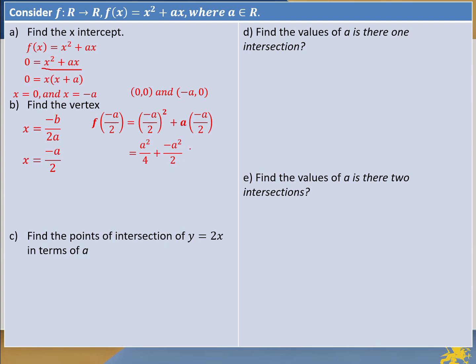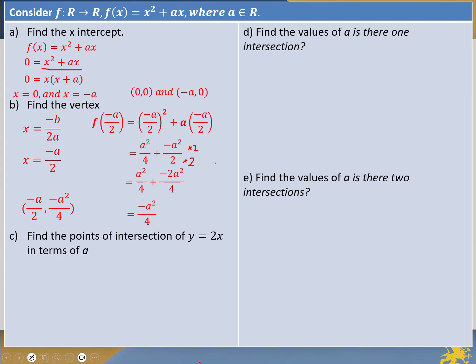So I'm timesing my numerator by 2 and my denominator by 2 to make sure that they are the same size. That gives me negative 2a squared over 4. Now that they are the same, I am able to use my operations. So that will be a squared plus negative 2a squared, which gives me negative a squared over 4. I've got my x value, I've got my y value, I can write it as a coordinate.